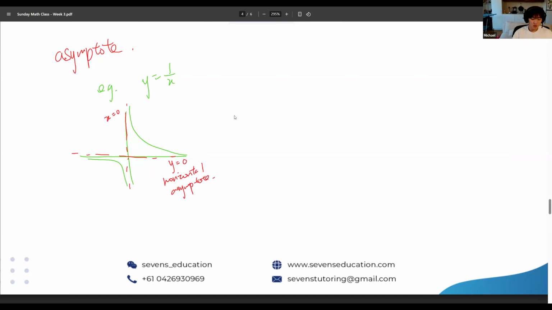Oh, and then of course x equals 0 is the vertical asymptote. Okay, excuse my bad handwriting, but you should know what it is. All right, now if I make it slightly more complicated.